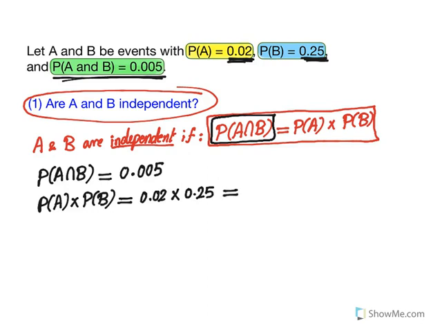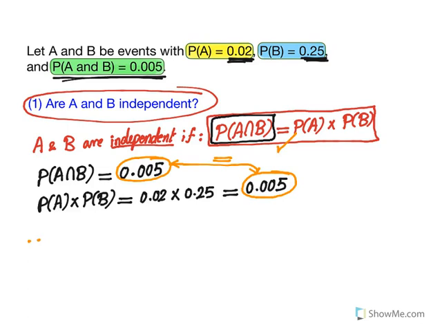And if you do this on your calculator, you will actually get 0.005. And notice that the number that you got here, probability of A and B, is the same as the multiplication of the two. So these two numbers are equal, and so this is true here.